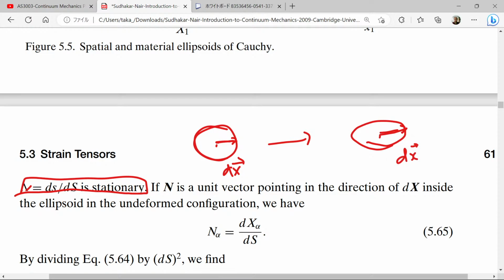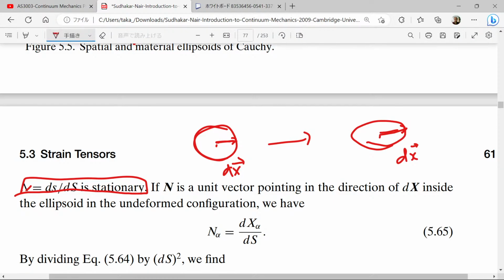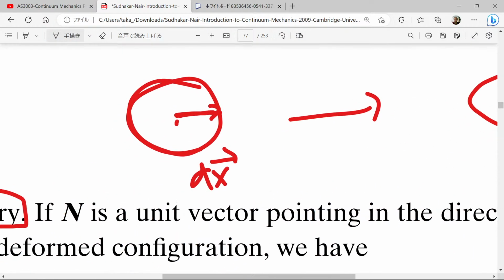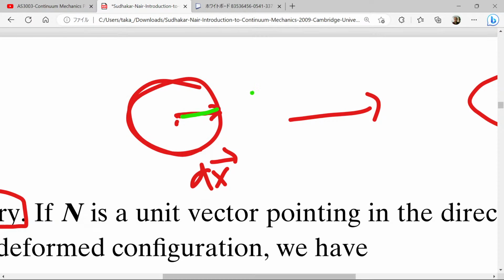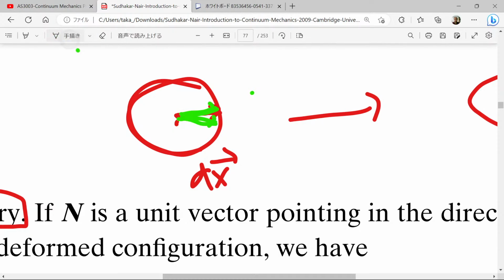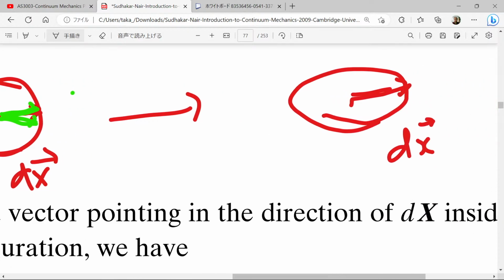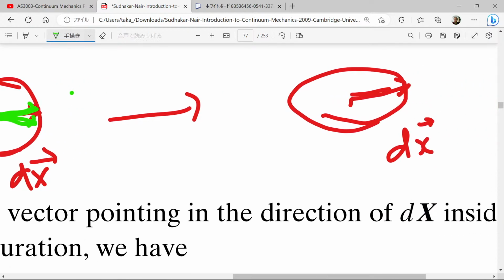You can consider a small change in this way, but then here you also have a small change.